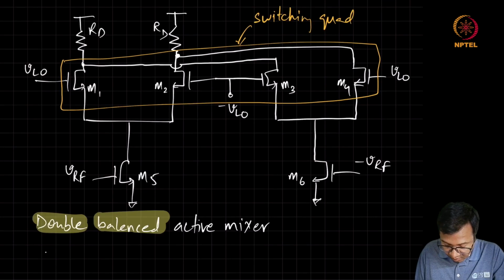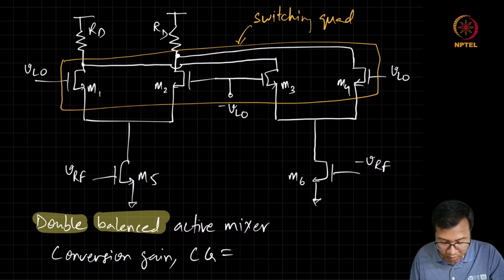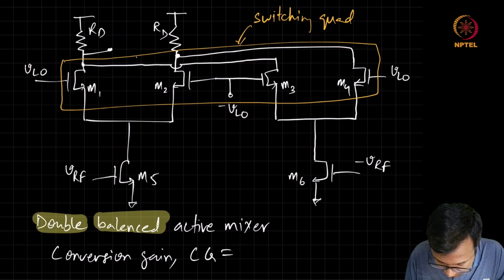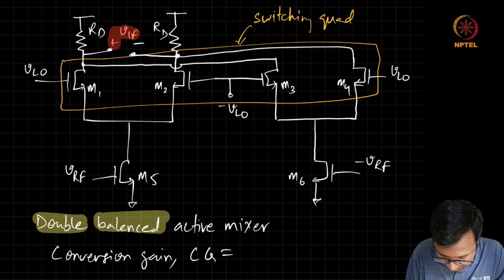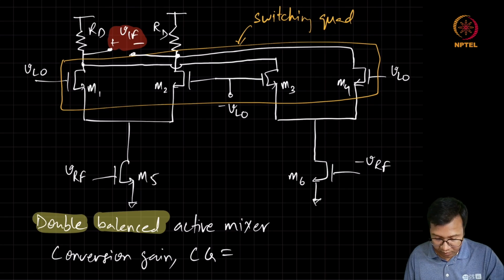We can easily find the conversion gain. CG is the differential output VIF here with respect to the differential input VRF.